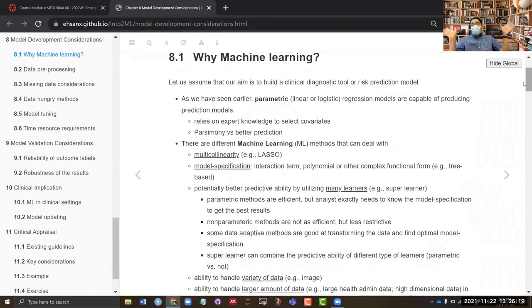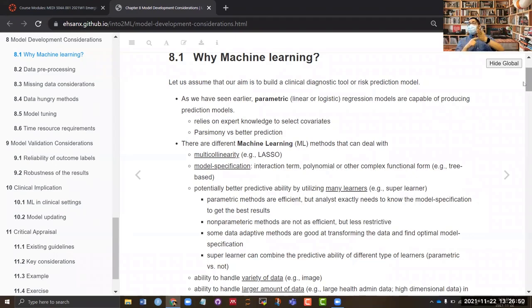So the whole purpose of this discussion is that obviously we could, if we wanted, use the parametric regression models, but there are some obvious advantages of machine learning methods. And whenever you are writing a paper where you are using machine learning methods to analyze your data, it is absolutely a good idea to convey to the readers why you are choosing this particular machine learning method, right? There could be many different motivations.